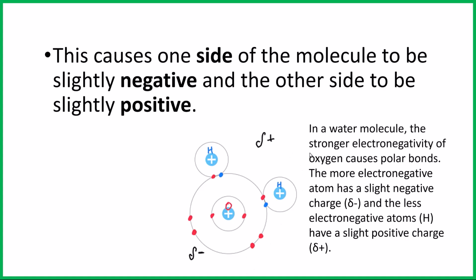So the stronger electronegativity of oxygen is causing polar bonds here. So we have a choice between nonpolar and polar bonds, and because of this high electronegativity value for oxygen, this is going to be a polar bond, polar covalent. The more electronegative atom, which is oxygen here, has a slight negative charge, and the less electronegative atoms, hydrogen, have a slight positive charge.